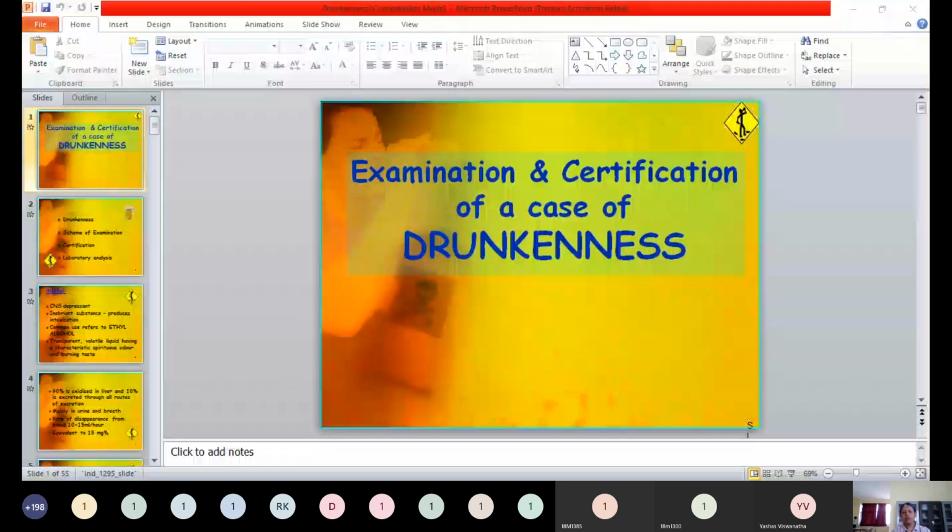Whatever practical aspect is there, I'll be dealing with that. Again, for this you will have to remember the proforma correctly, the scheme of examination, then how to certify this, and what laboratory investigations are required.